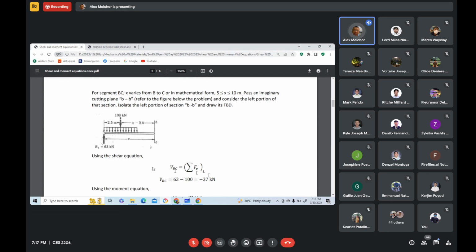This upward force, okay, positive 63, and then minus 100 gives you negative 37 kilonewtons. Okay, please do not hesitate to ask questions, or you can interrupt me anytime you want.